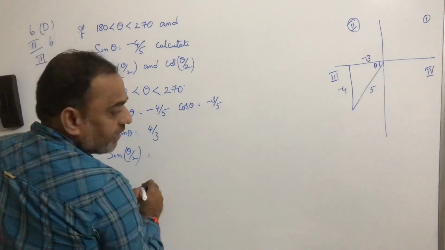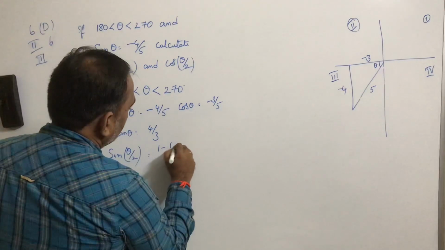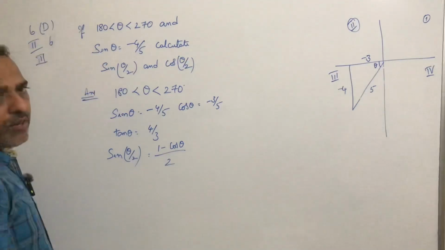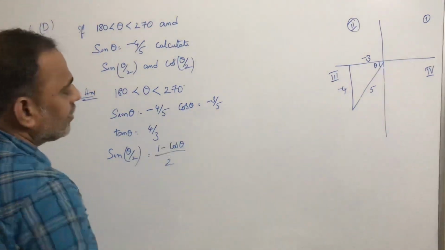Now we need to find sin theta by 2. Sin theta by 2 equals plus or minus square root of (1 minus cos theta) by 2. We know the value of cos theta, we just need to substitute.